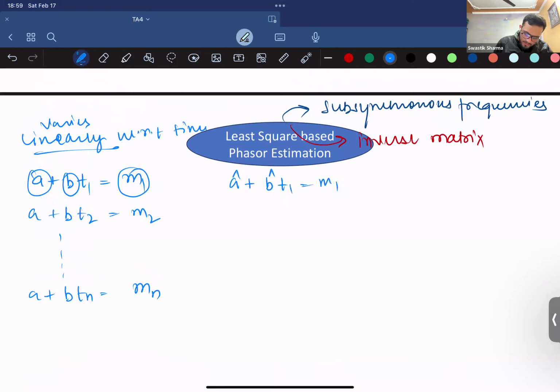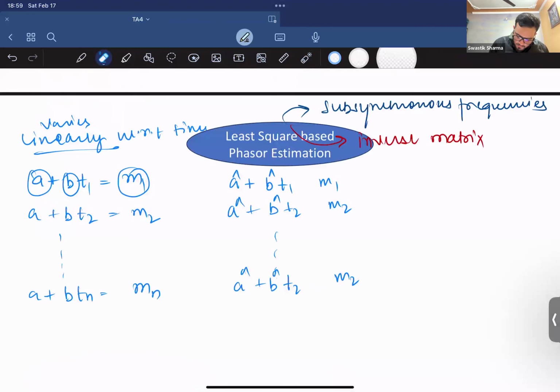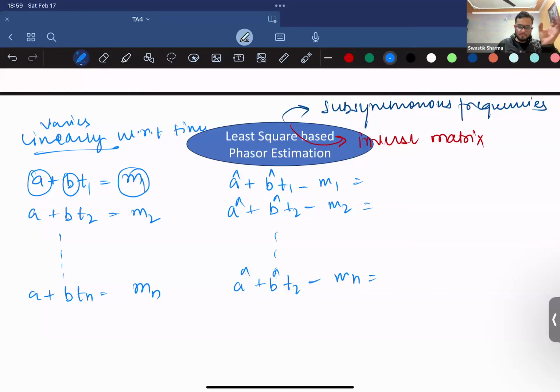So you can write it something like this: A cap plus B cap T2 gives M2, right? Now, after the estimation, the measured value and the estimated value will have some error, because your estimate won't always be correct.